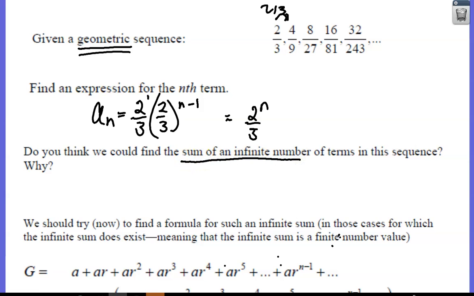Do I think that I could find a sum of the infinite number of terms? And why? Again, we talked about this in class. If what you're adding is getting smaller and smaller, so in this case, 2/3 and then 4/9 is smaller, 8/27 is smaller, you're basically adding something that's getting closer and closer to 0.